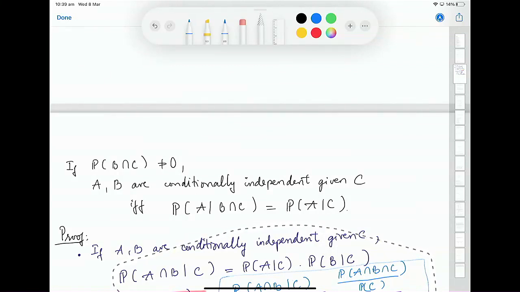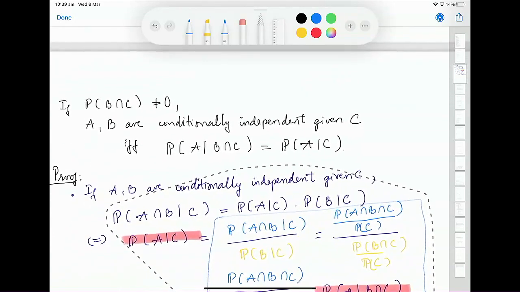This is from the definition of conditional independence given C of A and B.